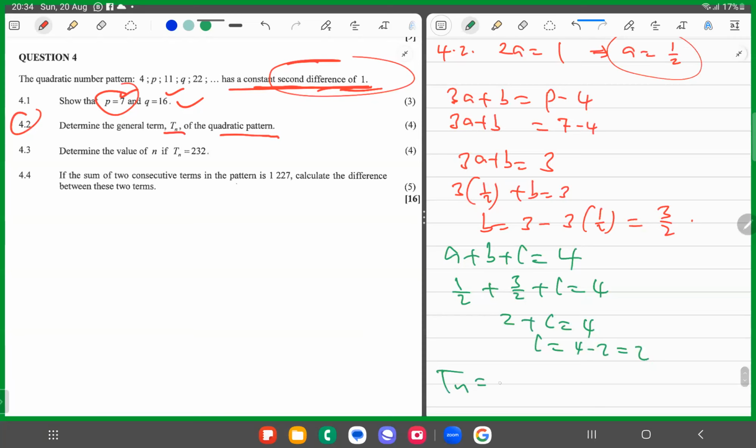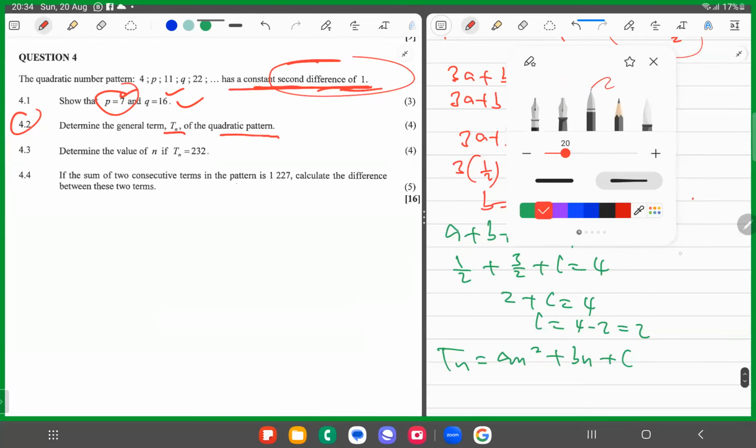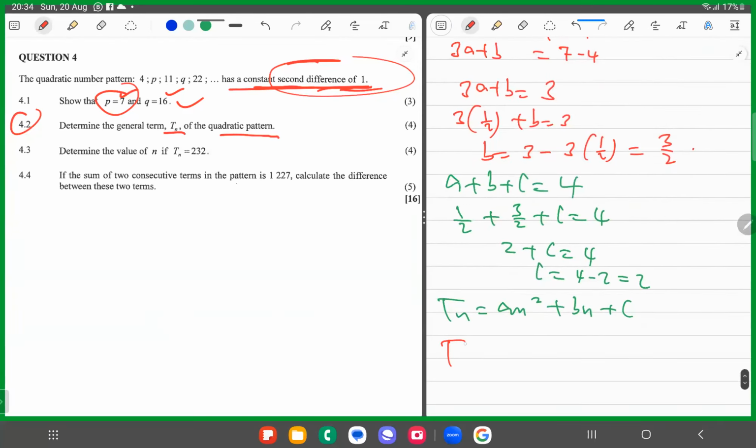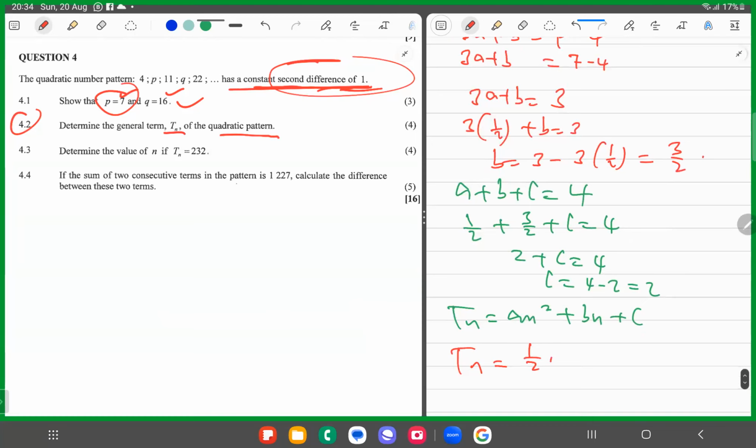Which means Tn is an squared plus bn plus c. What is a? a is 1/2, b is 3/2, and c is 2.